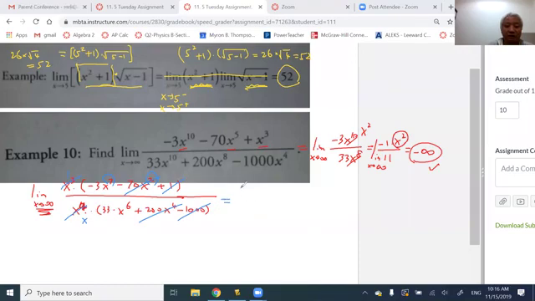So you will get the limit as x approaches infinity. Then you're going to have -3x to the 7th, and then the bottom one is 33 x times x to the 6th will be x to the 7th. This one cancels, so you have -1 over 11.